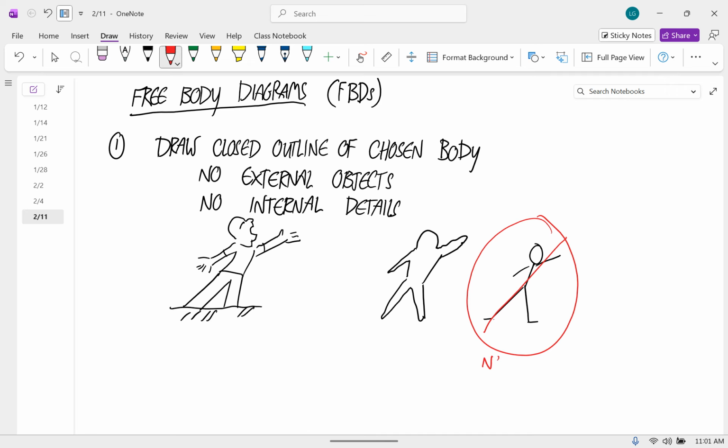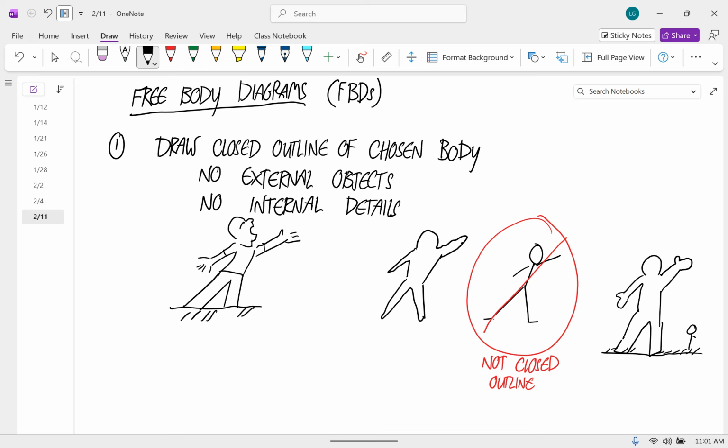Because it's not a closed outline. And you don't want this, because all that extra stuff, we don't care about that stuff.